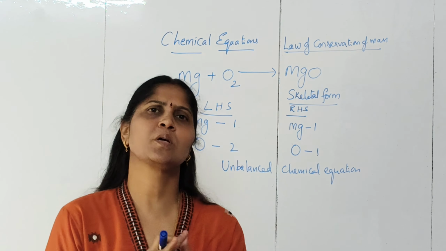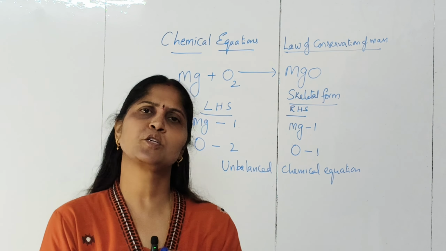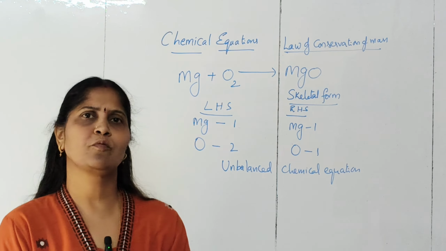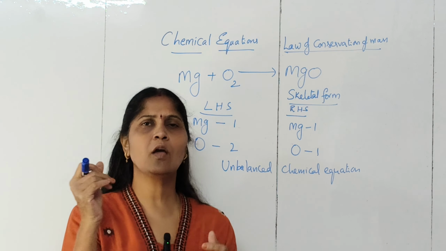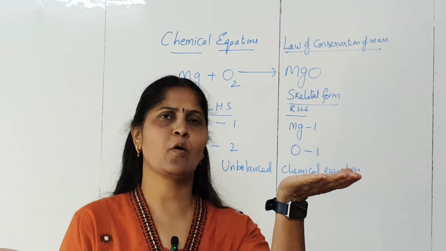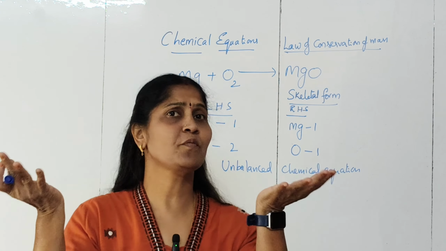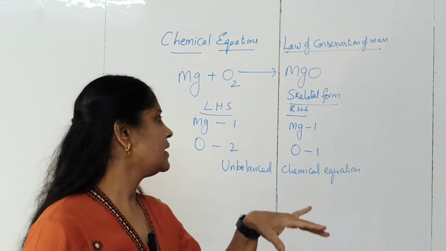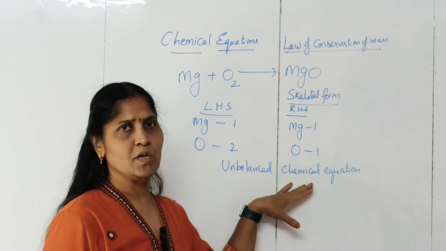The total mass should be the same. The atom number should be the same on either side. So according to this law, on both sides, that is on the side of the reactants and on the side of the products, the total atoms of each element must be the same. If they are not the same, then it is called an unbalanced chemical equation.